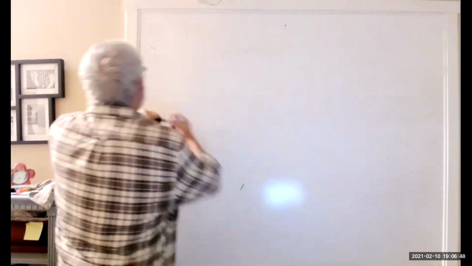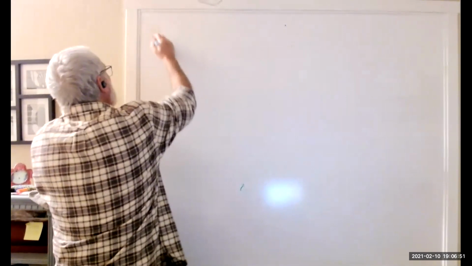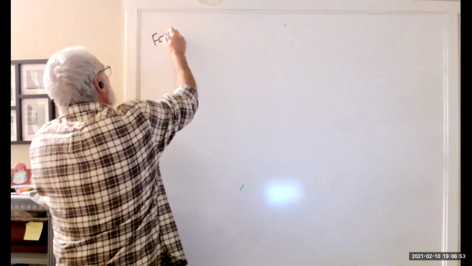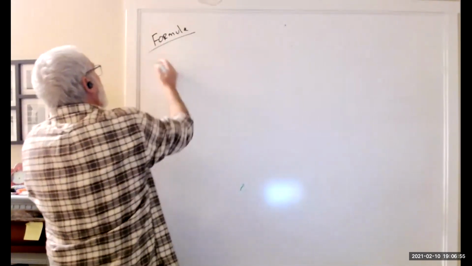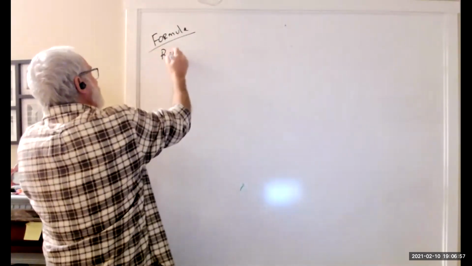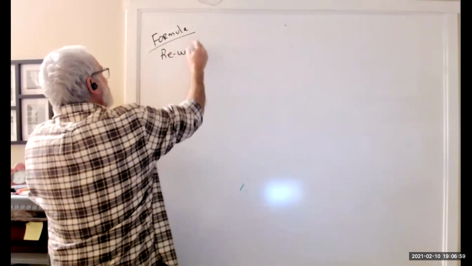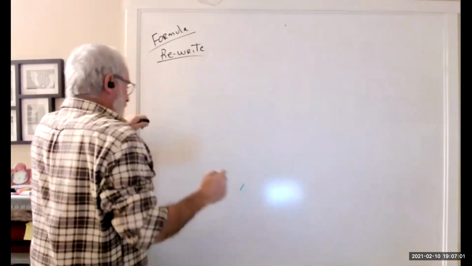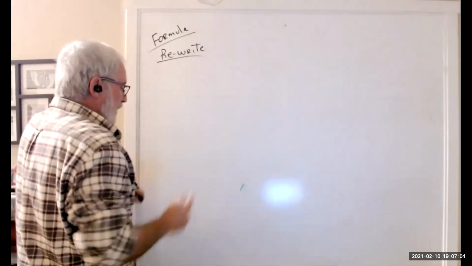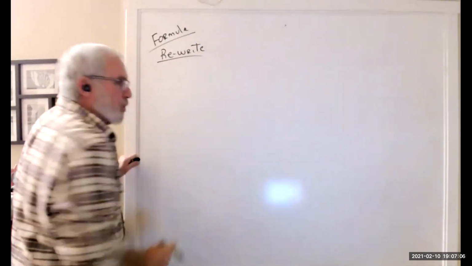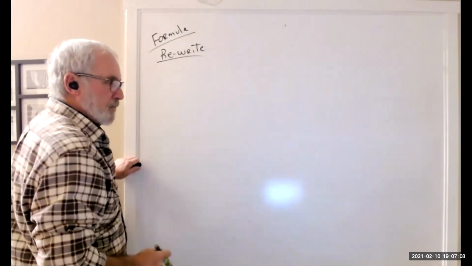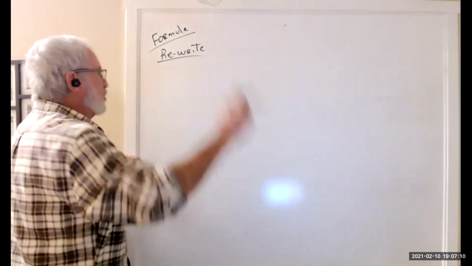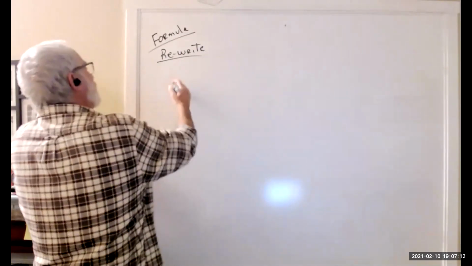Okay, this is formulas, and this is called rewrite. I'll explain what I mean in a minute. Before, we were just doing arithmetic. We were plugging in, solving an equation, doing arithmetic. But what if I gave you a formula?